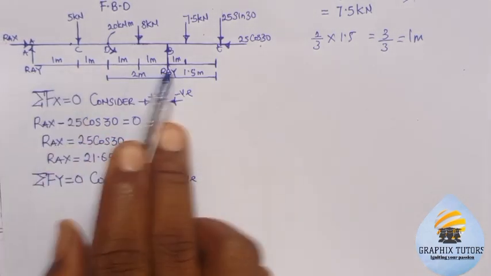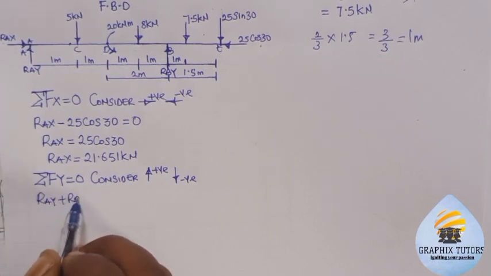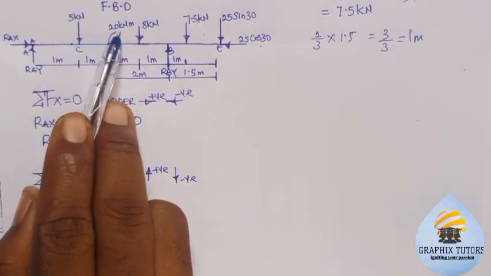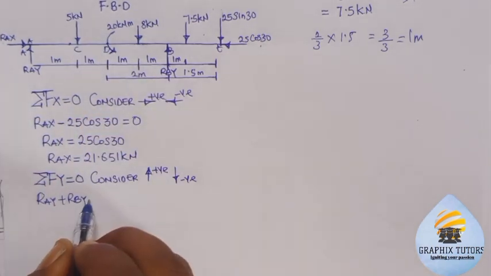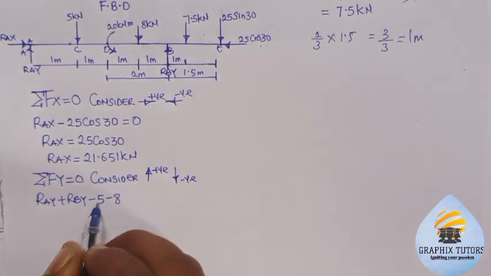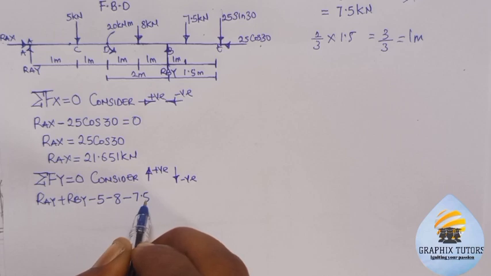My AY and BY are acting upward, so I'll say AY plus BY, right? Then we have 5 and 8, and 7.5 acting downward, so we have minus 8, minus 5, minus 7.5, because they're acting downward.